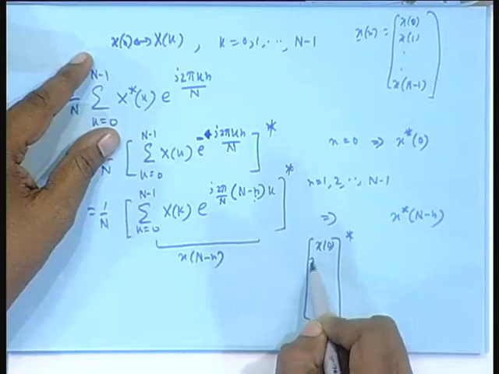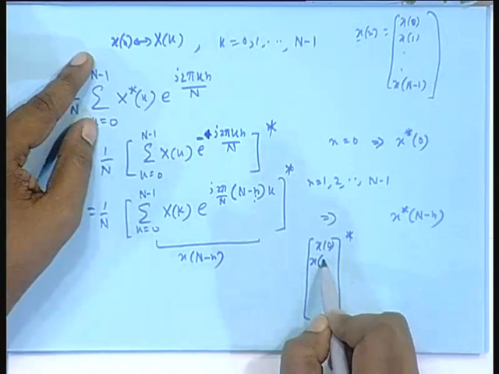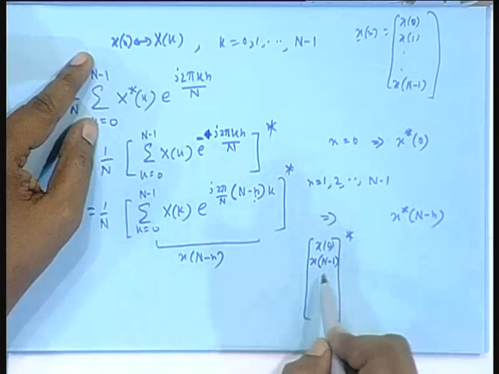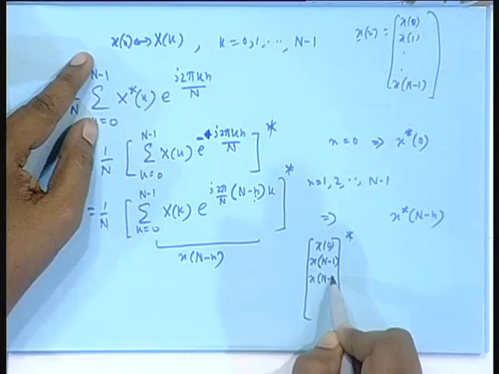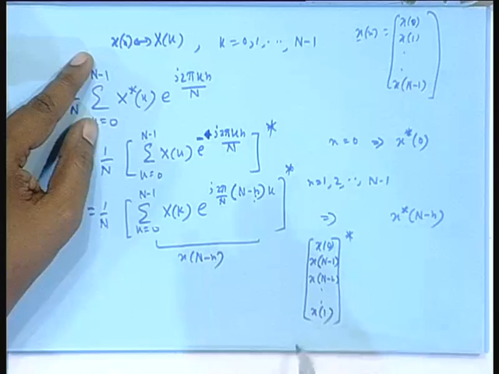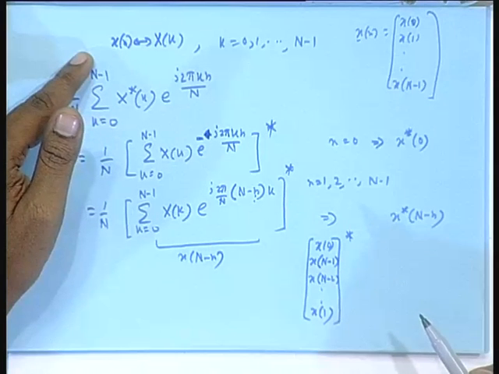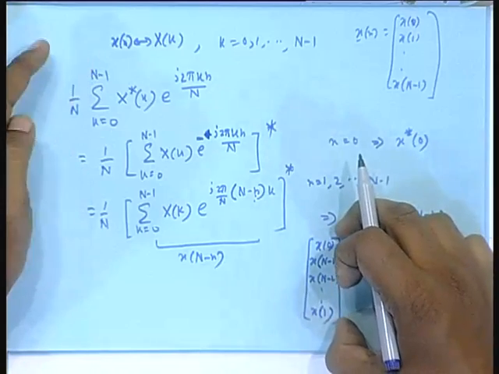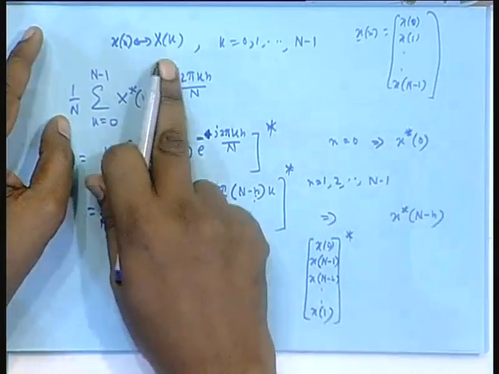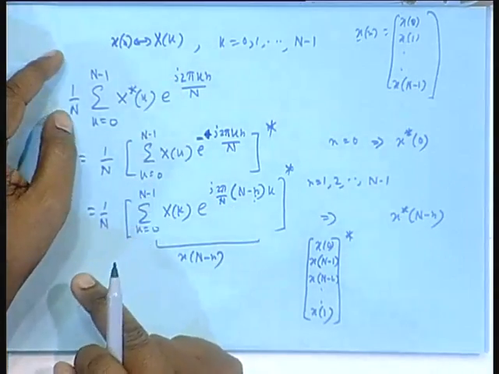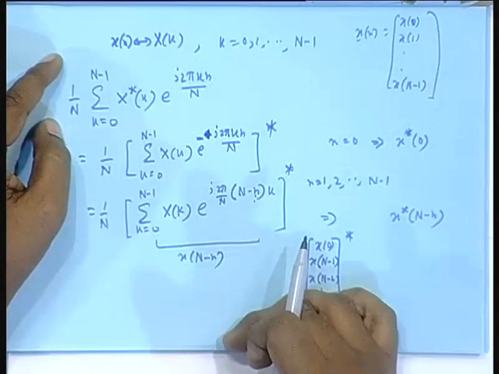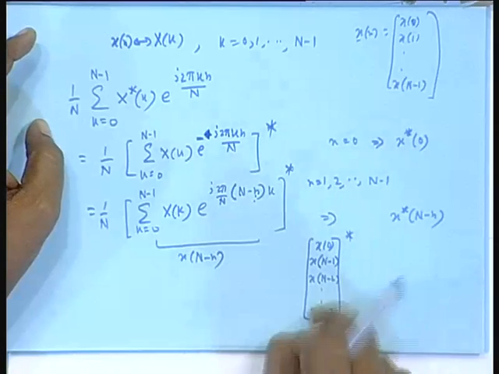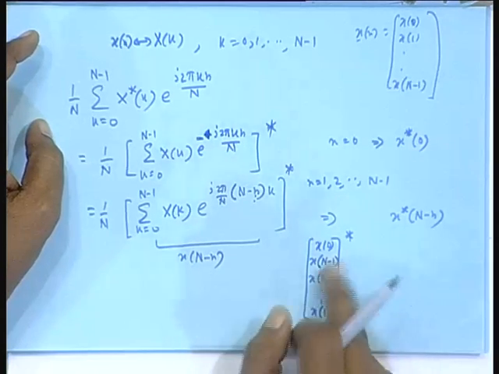Then it will be that means, if I have this sequence, if I take its DFT, it will be x k star. I went this way, but the relation is 1 to 1 and unique. So, if I take this guy and take his DFT, I will get back x star k.